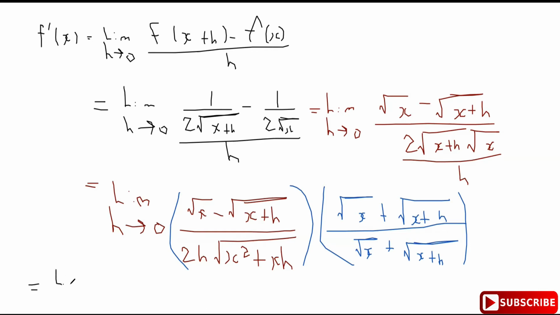So the numerator becomes x minus x plus h, divided by 2h times the square root of x squared plus xh, multiplied by root x plus root x plus h. I'm not going to lie, to expand out the denominator would be crazy and would take forever.